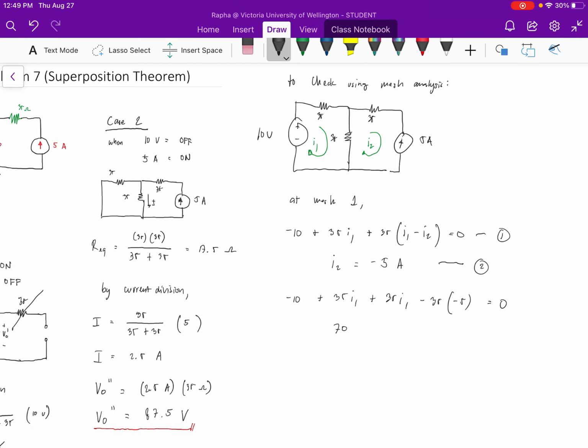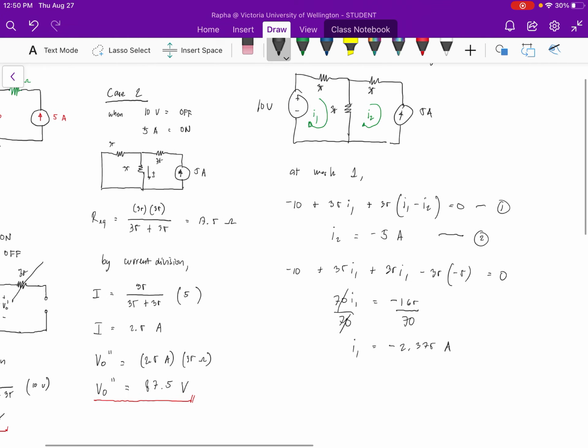Then we have 70I1, I1 is equal to negative 165 divided by 70. I1 then is equal to negative 2.375 amperes.